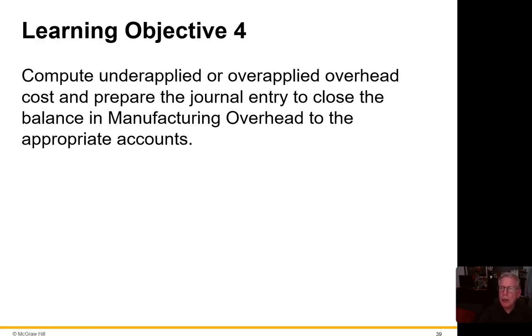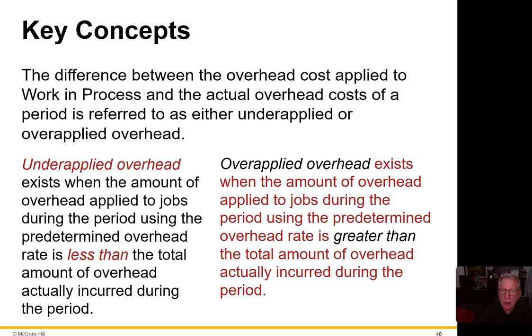So now we're going to look at computing under and over applied overhead and prepare the journal entry to close the balance in manufacturing overhead to the appropriate accounts. Now, what we're going to do here is give a definition of under applied overhead, and that exists when the amount of overhead applied to the jobs during the period using the predetermined estimated overhead rate is less than the total amount of the overhead actually incurred during the period.